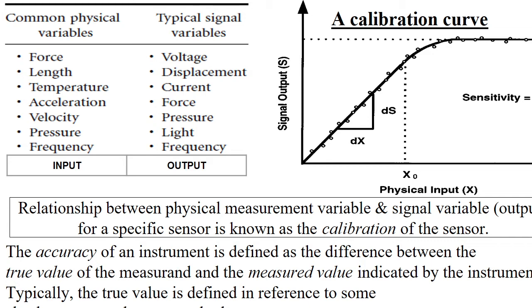For example, your grocery store uses a balance. That balance needs to be certified by those test houses. You must know about these things. So this is how the whole measurement system goes on.